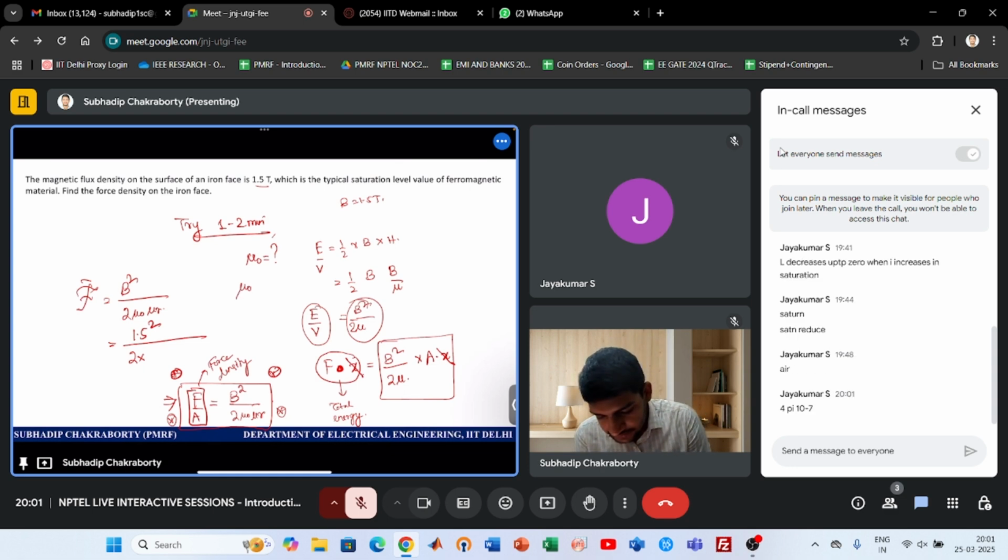But when it gets saturated, then your mu r will be 1 because it will simply behave like air gap. Understood? Mu will be behaving as mu 0 at saturation.